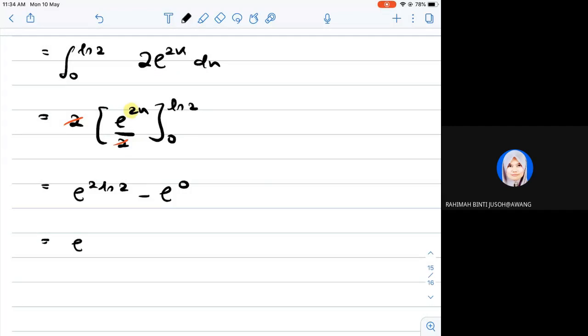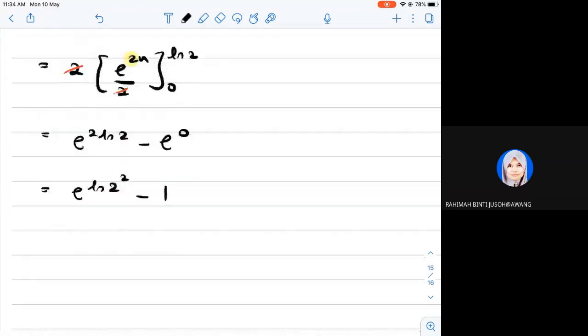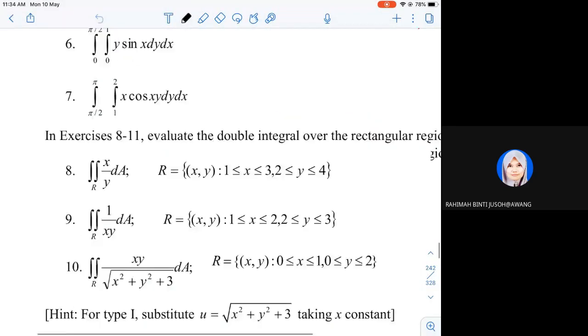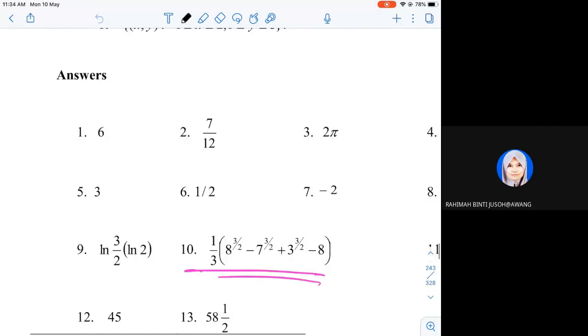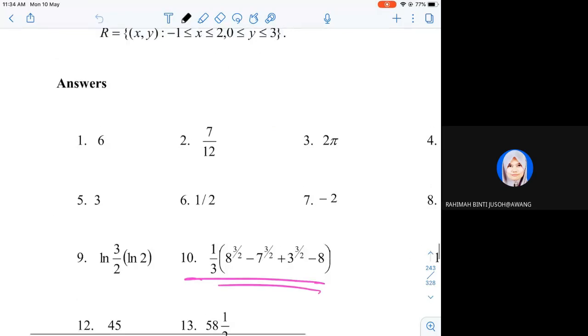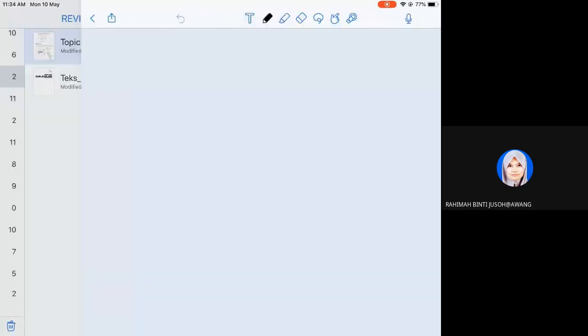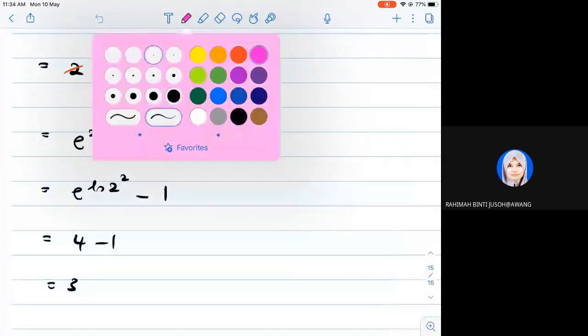Exponent 2 ln 2 ni exponent ln 2 kuasa 2 kan? Tolak 1. So 2 kuasa 2 jadi 4. So 4 tolak 1 lah jadi 3. Betul question number 5. Question number 5. 3 betul lah. Okay, so the answer is 3.